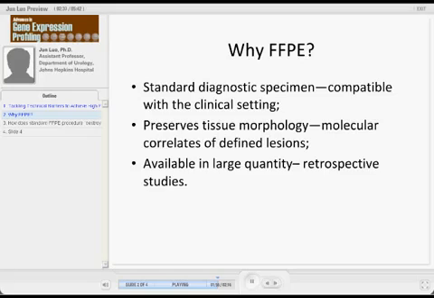Third, although we have tons of frozen tissues, we still need more. And if we can utilize those hundreds of thousands of specimens in the archival blocks, that would be wonderful. So those three reasons really prompted me to get into this area.